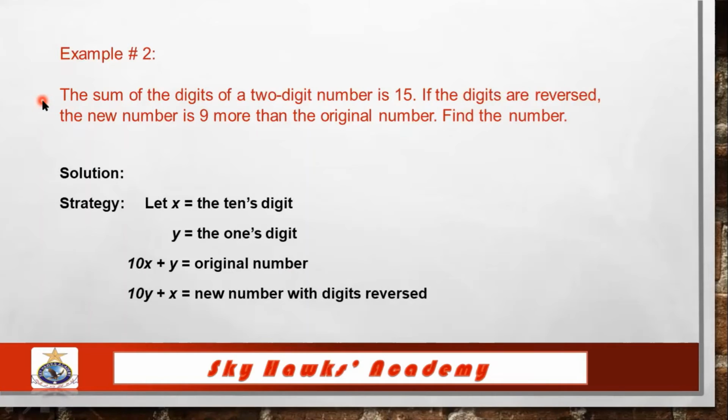What is over here? That is the two-digit number. So we will have to think about the unit digit and the tenth digit, because it is a two-digit number. If there are three digits, then unit digit, tenth digit, hundredth digit. Now it's a two-digit number, so we will have to take care that one digit is on the unit place, and the second digit is on the tenth place.